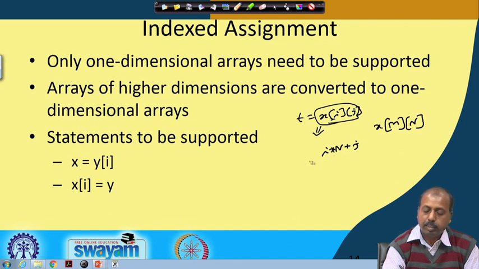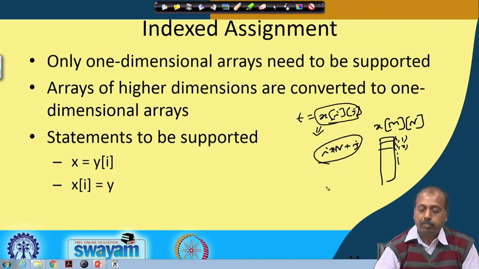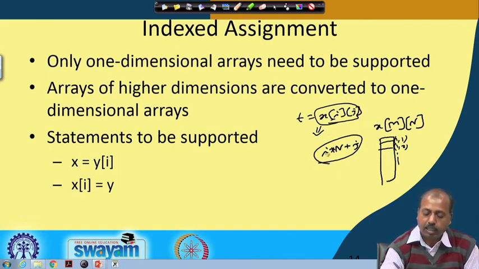If you are storing this x array in this fashion, x 1 1, then x 1 2, in this fashion, then you can do it in this way. So this is not i, this is i minus 1 into n plus j.